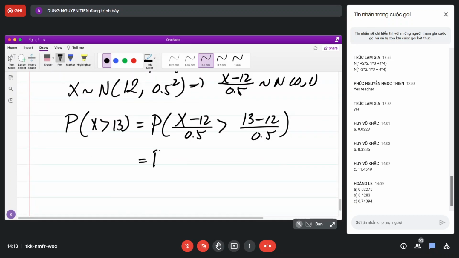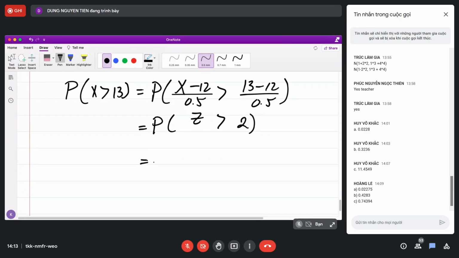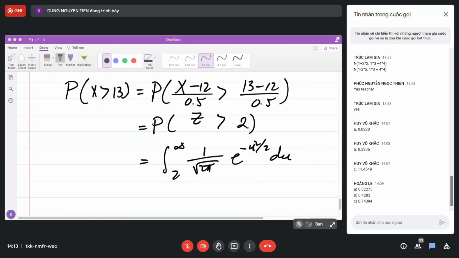So you get the probability that Z is more than 2, right? So you get the integral from 2 to infinity of 1 over square root of 2 pi e to the minus u squared over 2 du. Is that clear? Is that okay?